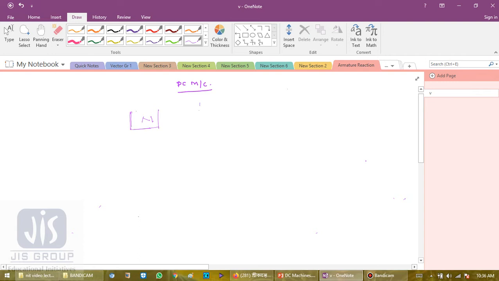Okay, this is the magnetic neutral axis, and this is the south pole. So these are the conductors.